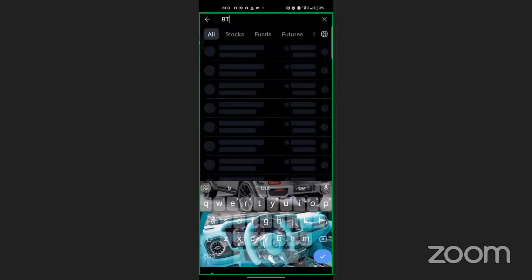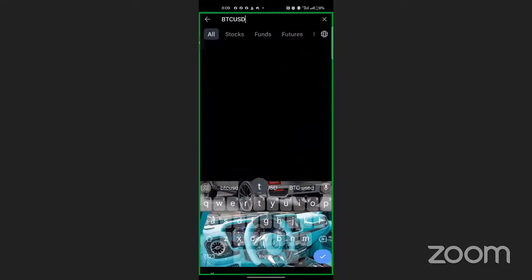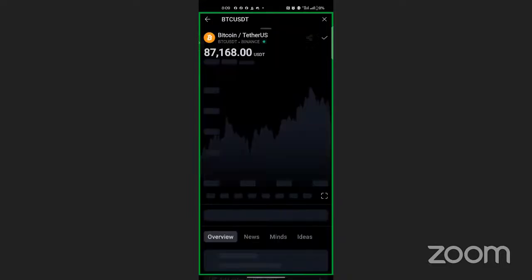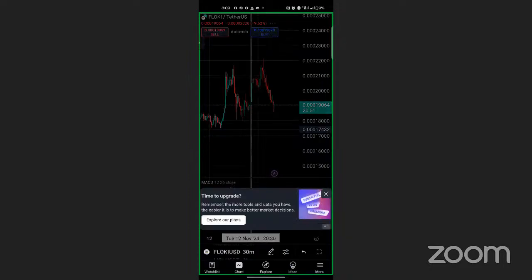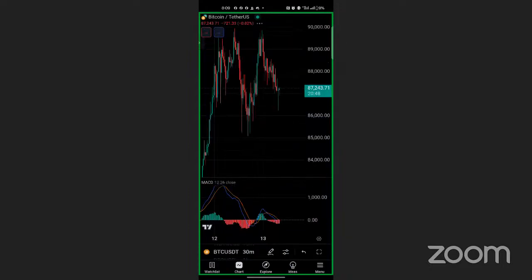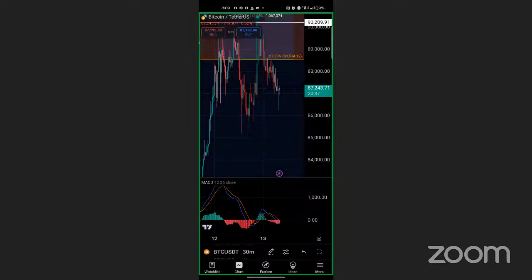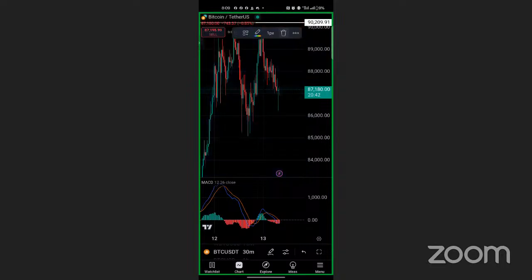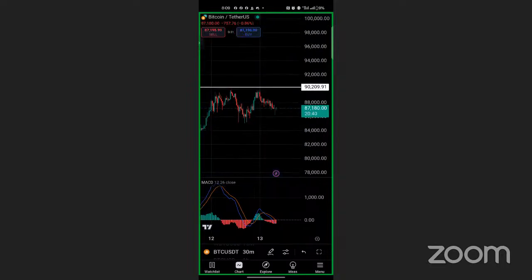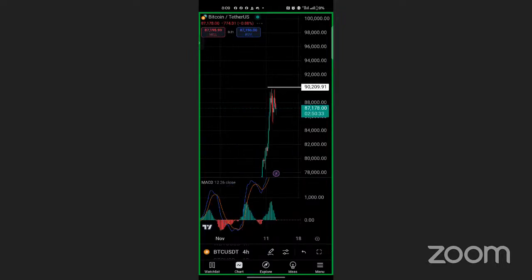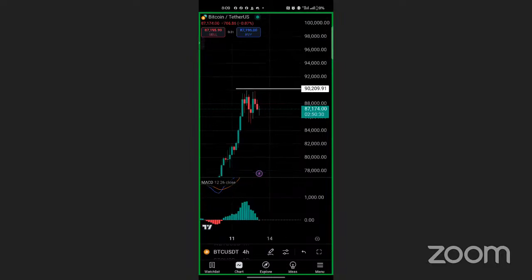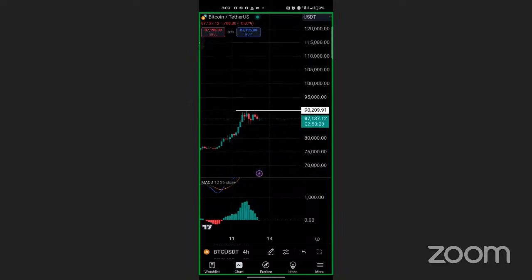BTC is not having serious downward movement. The movement is very small. It is not huge, but the retracement is there. But when you look at it in a bigger time frame, you see that nothing has happened yet.